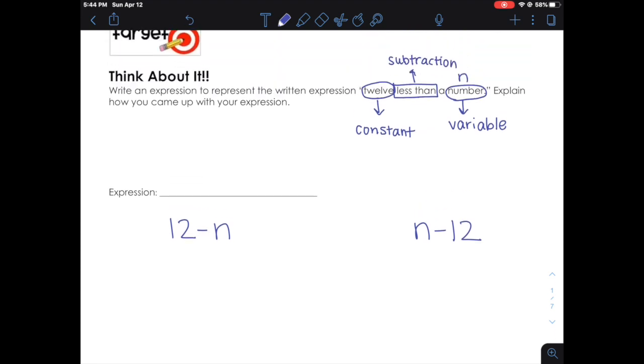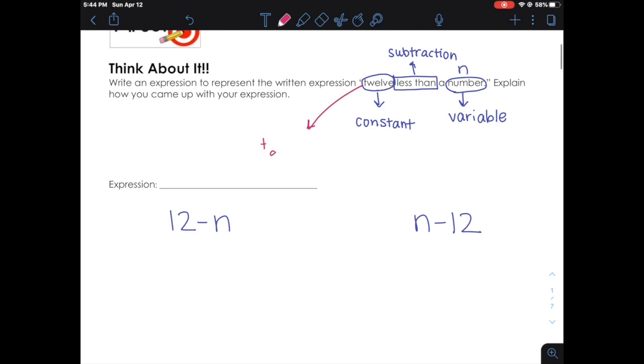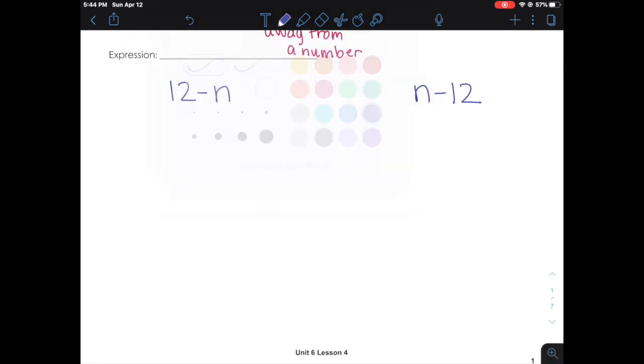First of all, when it says 12 less than a number, that's going to mean that I'm taking 12 away from a number. So I'm going to start by drawing these out.